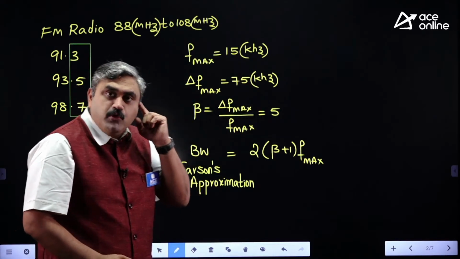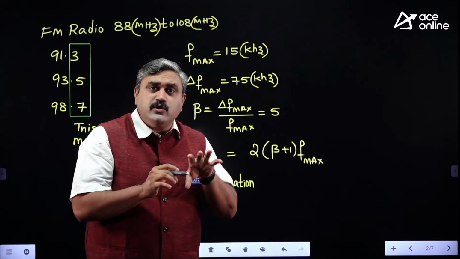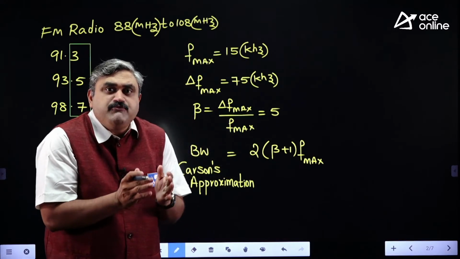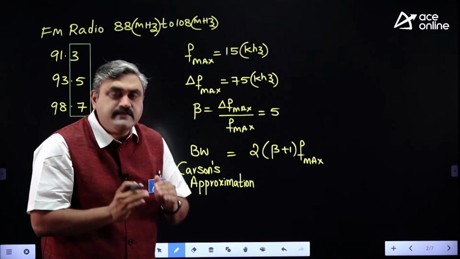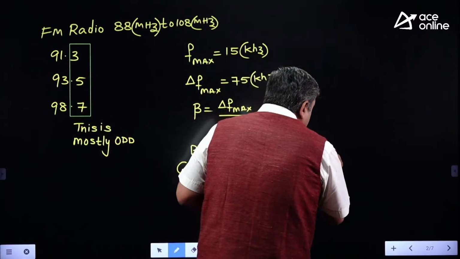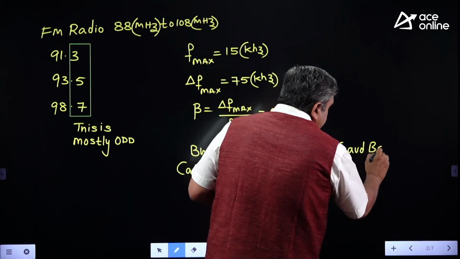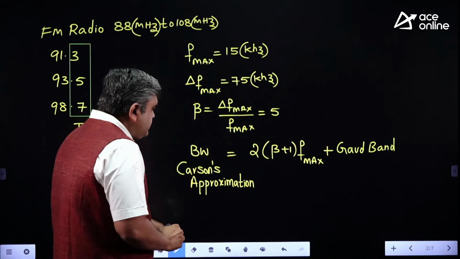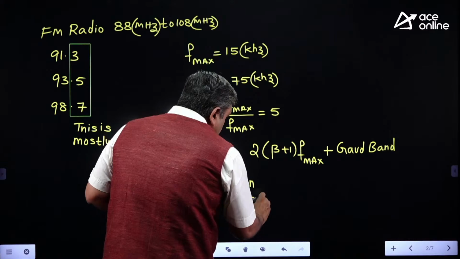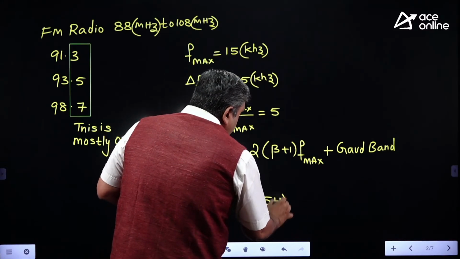Now, whenever more than one station is transmitted, we use some free band between two sets of frequencies, which we call a guard band. This is the bandwidth per station. So, if you specify these parameters, you get 2 into (beta is 5, plus 1) into f max.